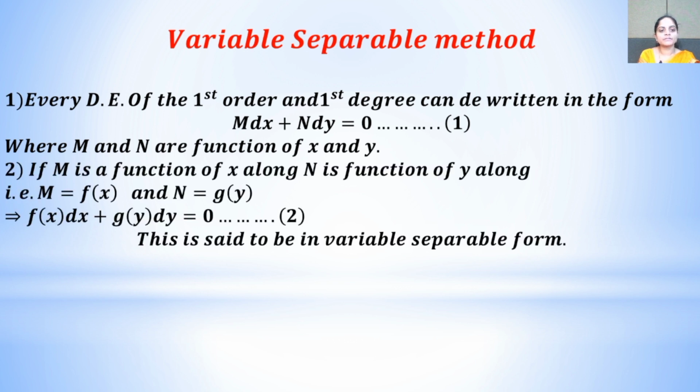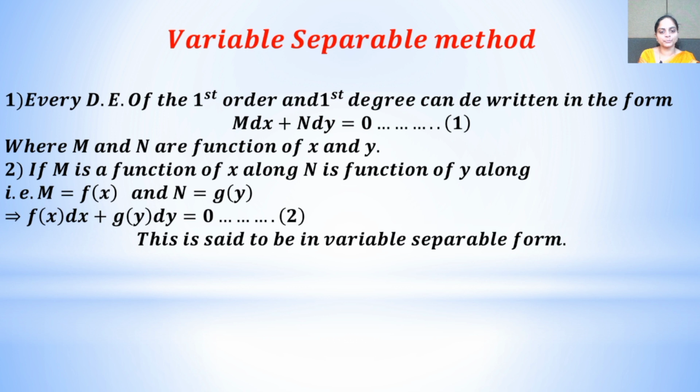If m is a function of x alone, n is a function of y alone, that is m equal to f of x and n equal to g of y, put this value in equation 1, we get f of x into dx plus g of y into dy is equal to 0. This is our second equation.